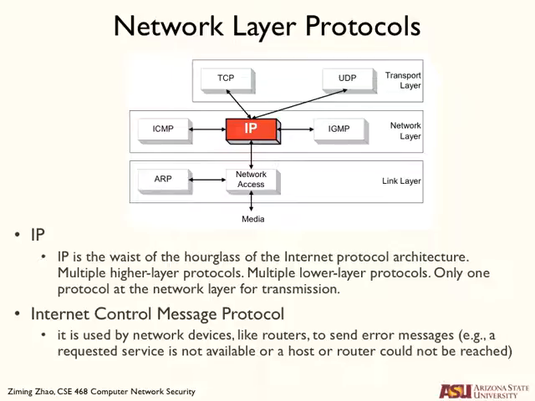This protocol is used by network devices like hosts and routers to send error messages. So this is not a protocol used for transmission, and IP is the only protocol at the network layer used for transmission. We will talk about the security of IP and the security of ICMP in this class.